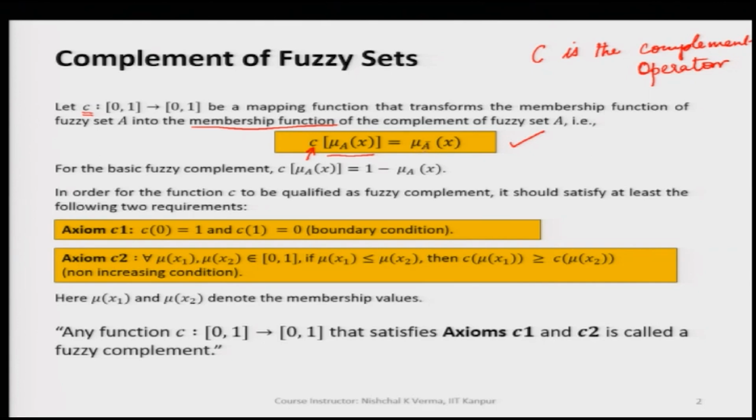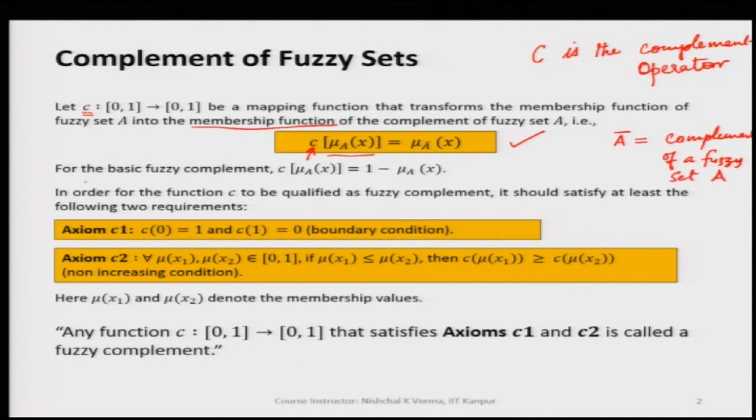This means that it gives us the membership value corresponding to the complement of the fuzzy set, and this complement of the fuzzy set is denoted as A bar. So, A bar is nothing but the complement of fuzzy set A.